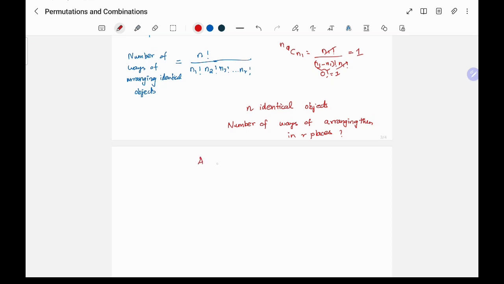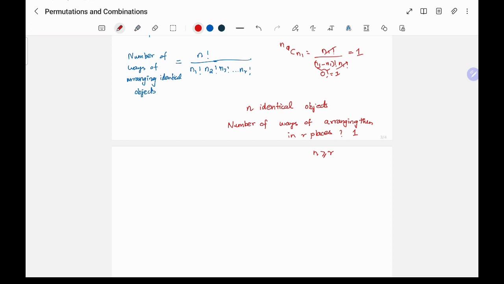Let's say the object is a, n times, we have n a's, and we have to arrange it in some r places. So if we arrange it, everything will be just a, right? So whatever you select and arrange, it will just be 1. So the number of ways of arranging n identical objects in r places is 1, given that n is greater than or equal to r. That is always a constraint.